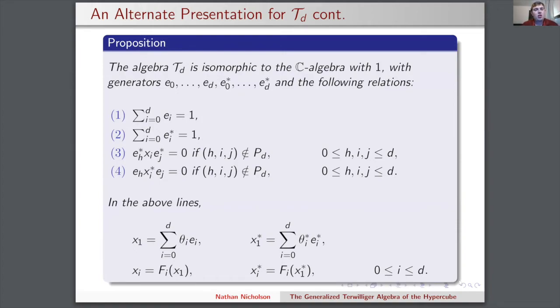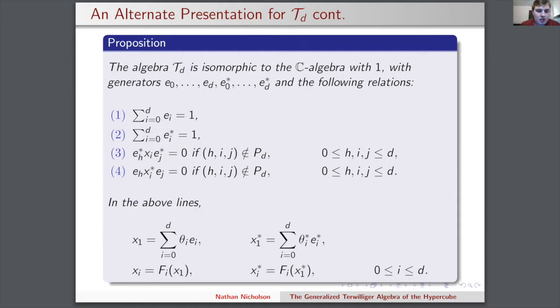Okay, we said the generators are E naught through Ed, E naught star through Ed star, and we'd have the following relations. One, the Eis sum to 1. Two, the Ei stars sum to 1, and then we would get the following triple products: Eh star, Xi, Ej star equals 0, again, if our hij is not a member of PD, and then the same with respect to the dual.